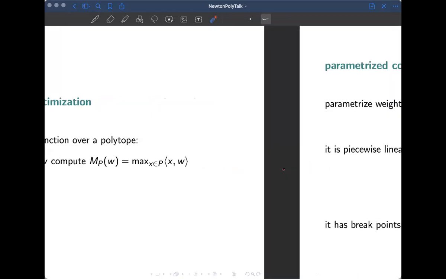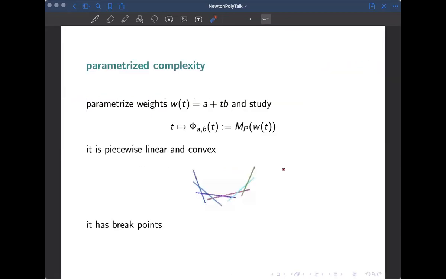And in parameterized complexity, there is some mechanism, some idea to measure the complexity of this optimization problem. So P is the thing we want to measure the complexity of. How do we do this?